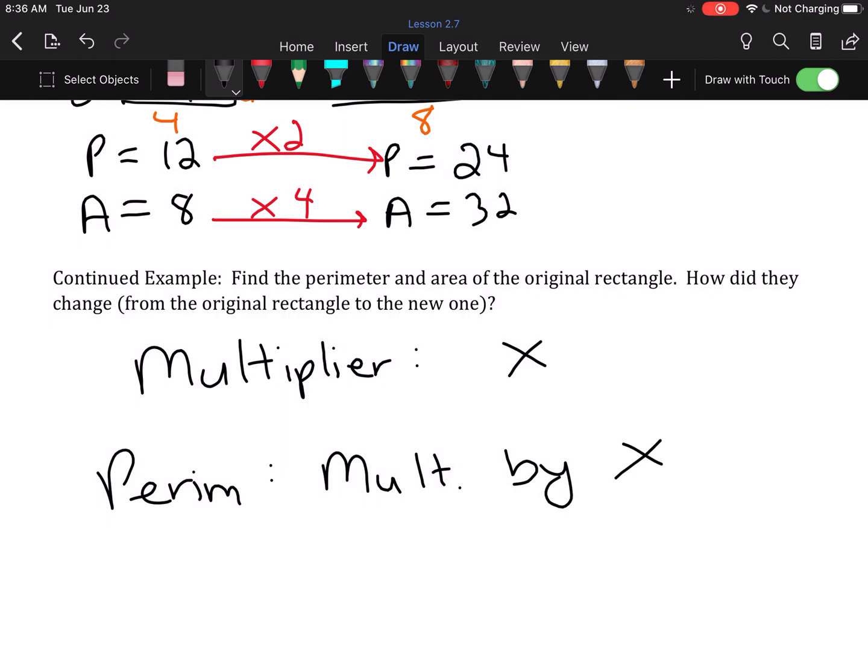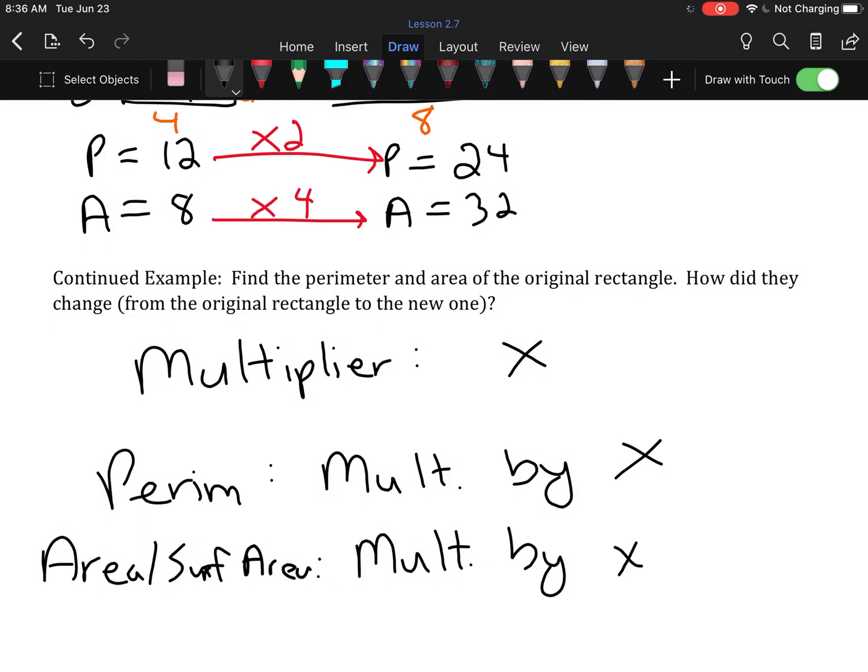In the above example, we doubled everything, so the perimeter was doubled. Any kind of area, or if we're doing three-dimensional shapes, surface area, will be multiplied by x squared. In the above example, we were multiplying by 2, so areas would be affected by 4. 2 squared is 4.